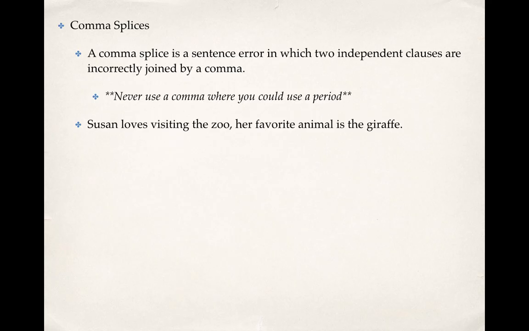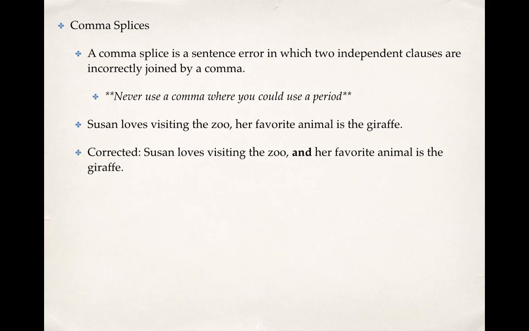In fact, a comma splice is really just a different version of a fused sentence. You're just using the wrong mark of punctuation. Instead of running two sentences together without any punctuation, you're incorrectly joining them with a comma. So the rules for correcting this type of error are the same.